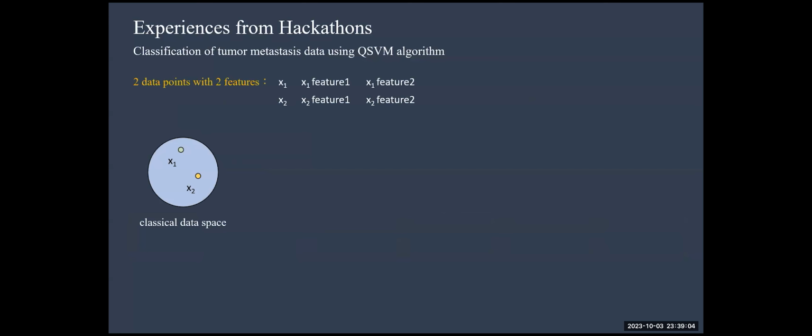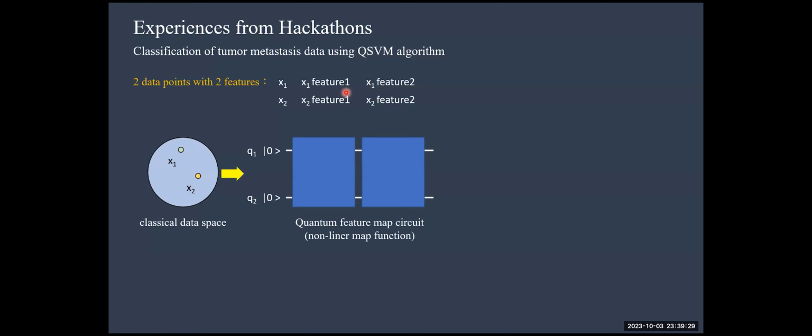Here is the workflow of the QSVM. The simplified example consists of two data points, X1 and X2, each with two features, feature 1 and feature 2, as shown here.